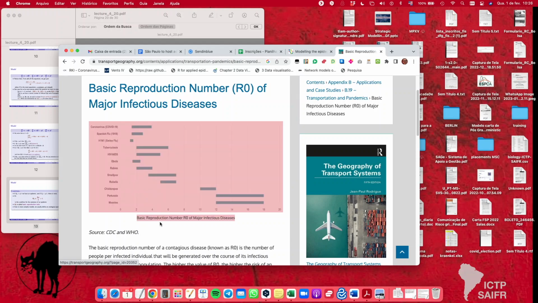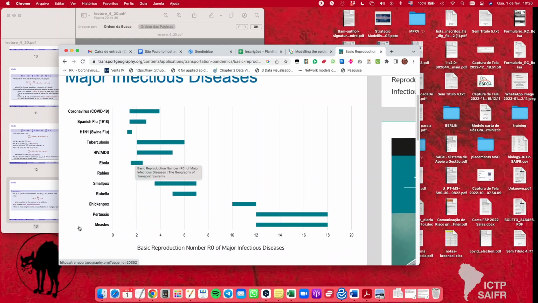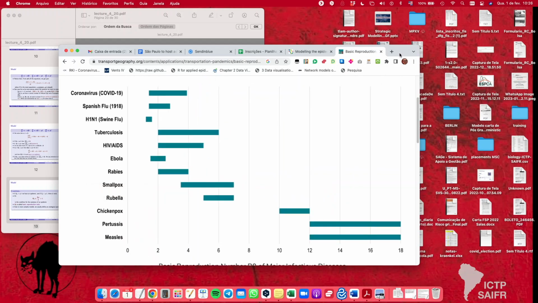It's clearly centered on certain diseases which, except for cholera, are not tropical diseases. You cannot read this? It's too small? Okay, let me fix that.